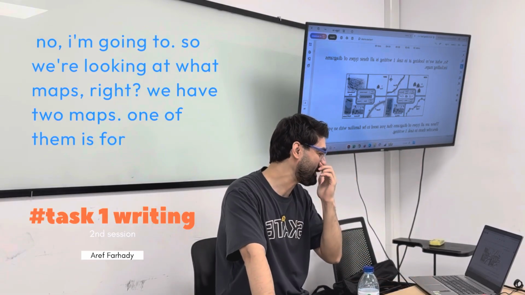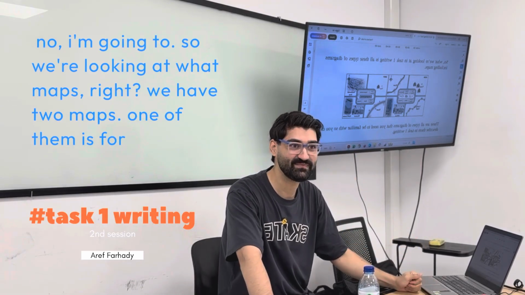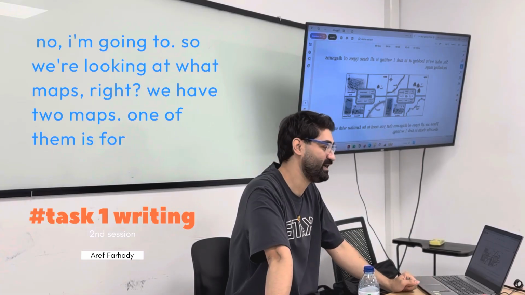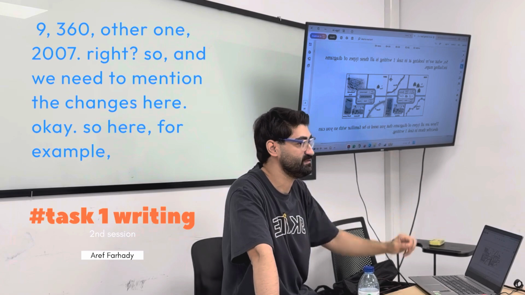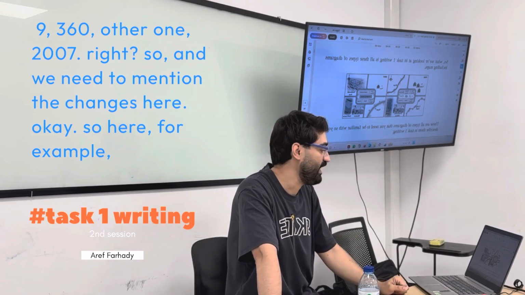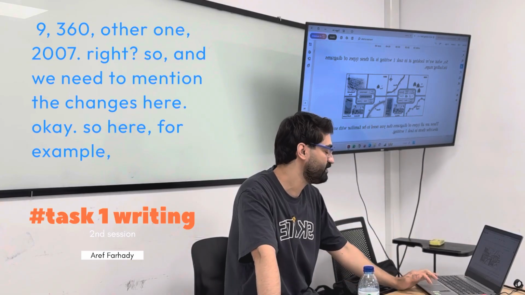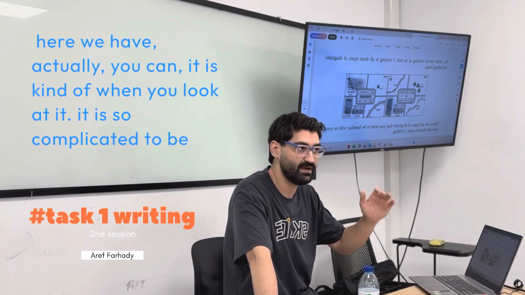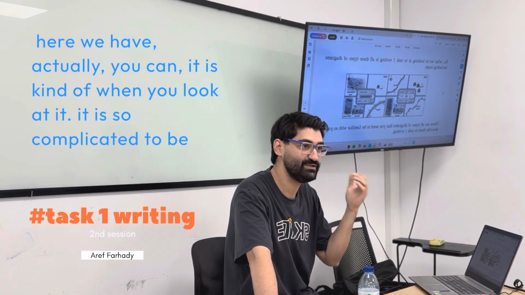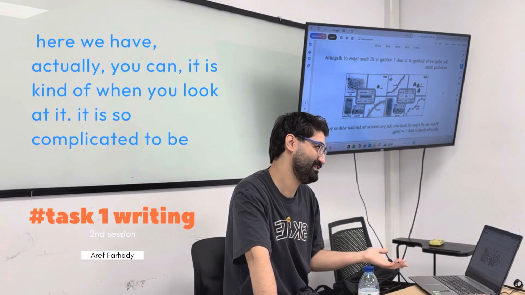So we're looking at what? Maps, right? We have two maps. One of them is for 1936, the other one 2007, right? And we need to mention the changes here, okay? When you look at it, it is so complicated, to be honest.